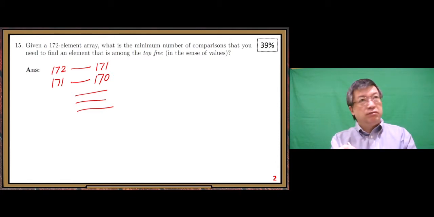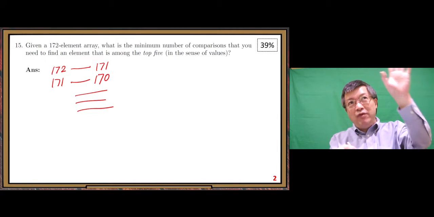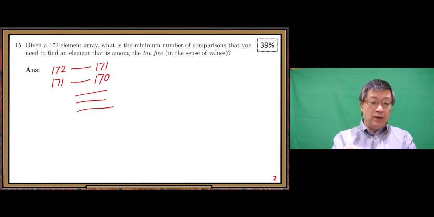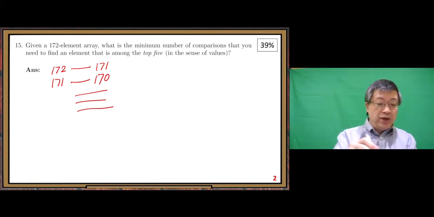Even this is not the best way, because you don't need that many comparisons, right? For top 5 we can use much fewer comparisons than that. Too many. Several students did it this way.